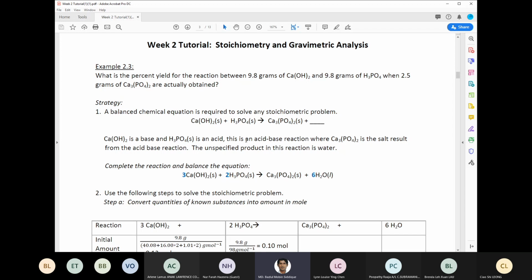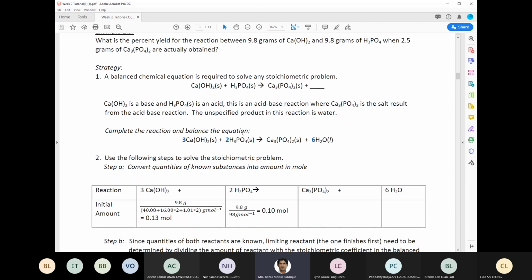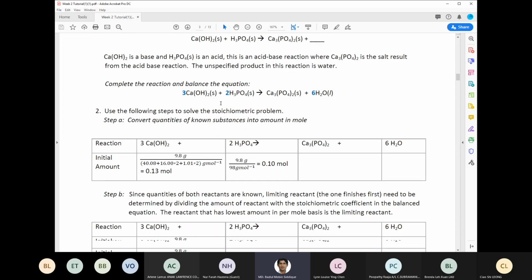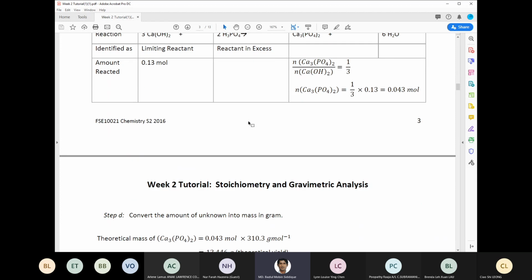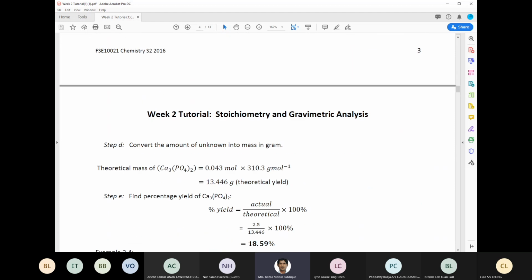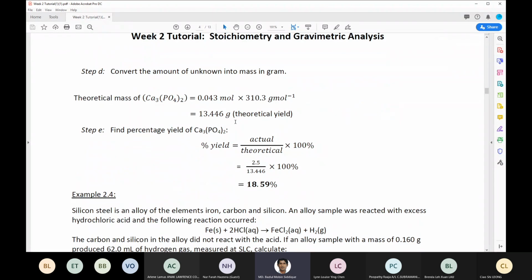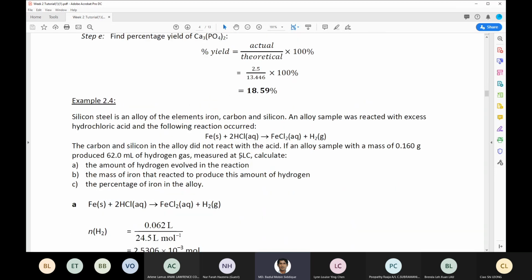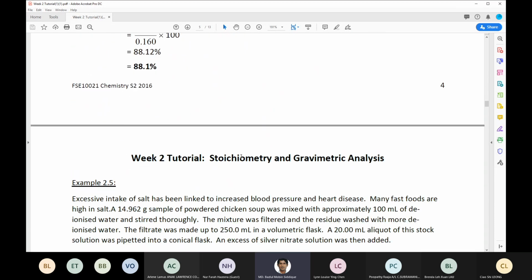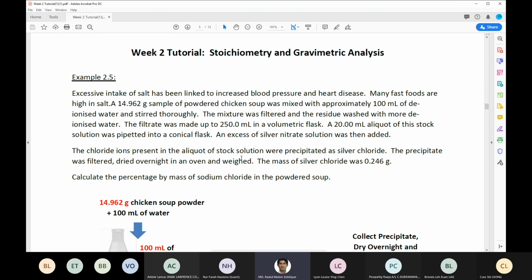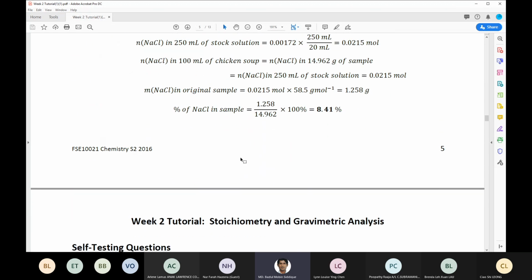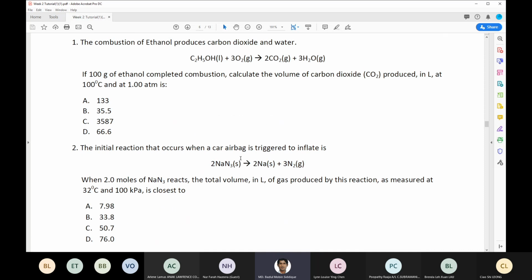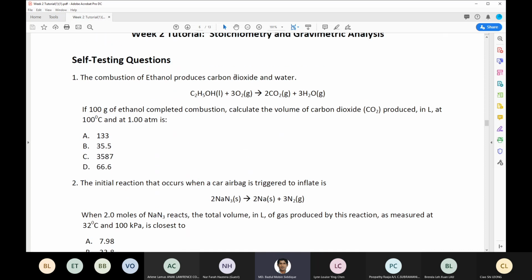If you have already worked out this type of problem, it will be much easier for us to understand what the question is asking in this tutorial. And most importantly, once again, we will be doing the number of moles, molarity, and especially number of moles.